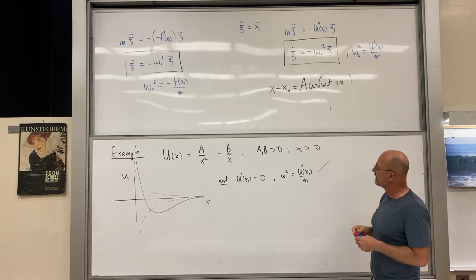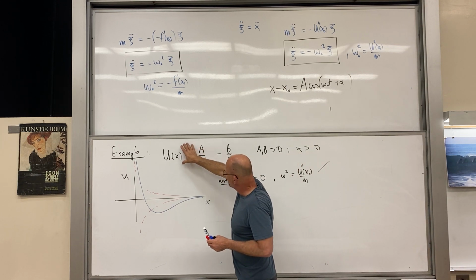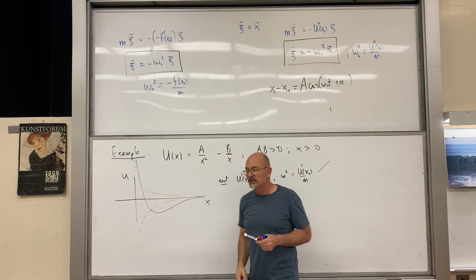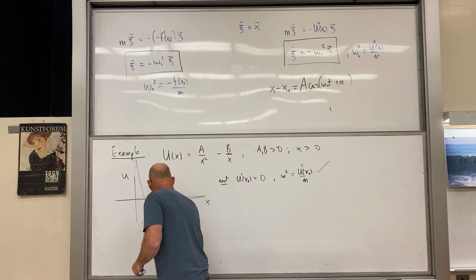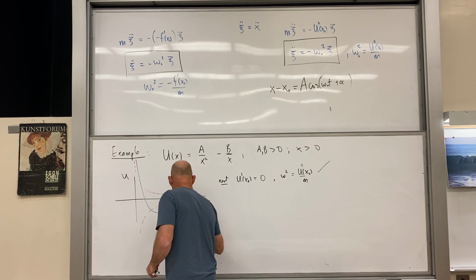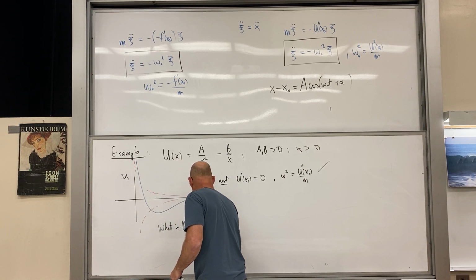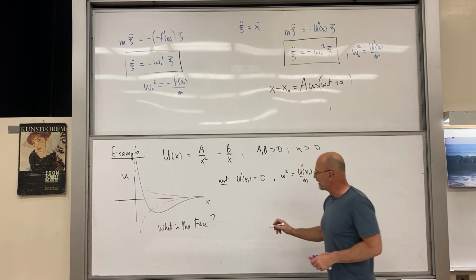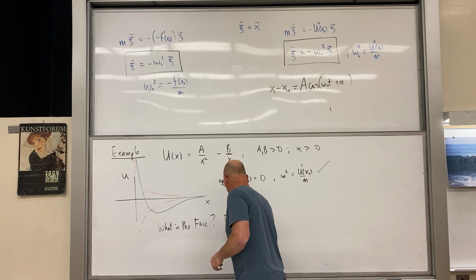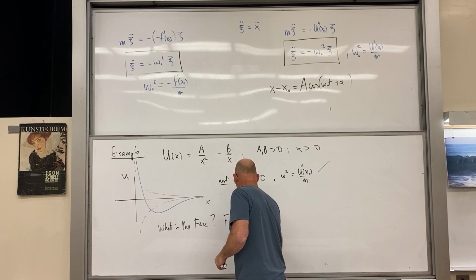On the other hand, this is also an interesting object to go ahead and find the force. Okay? So since we have u of x, what is the force? Well, f of x equals minus u prime of x.